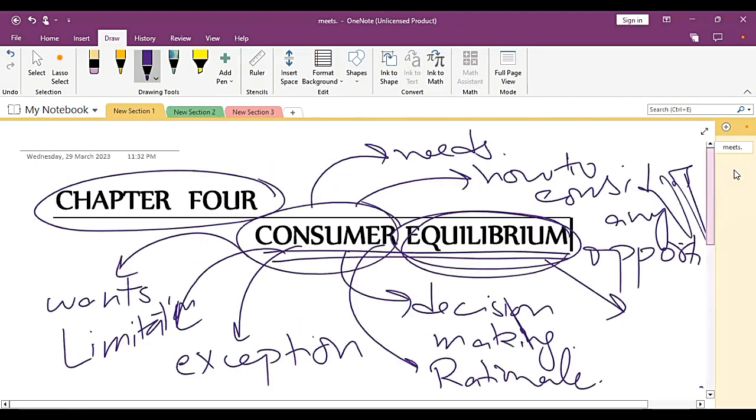So this chapter is all about the consumer, what he thinks, how he makes decisions, and what the equilibrium level or the satisfaction level is where he can decide to rely on that point level. So we are going to start this chapter.